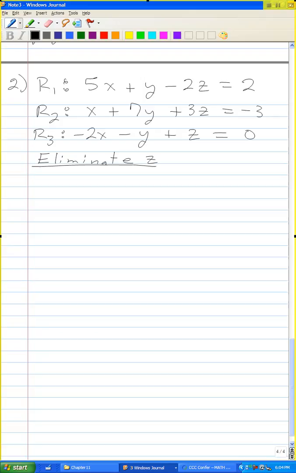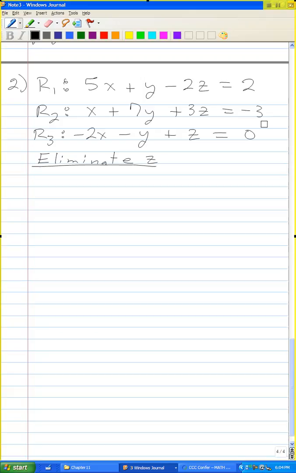Your rule of thumb is I have 3 equations, I must use all 3 equations to eliminate z. If I don't do that, then I will go around in circles and I will not get to my answer either quickly or I may never even get to my answer. So if you start to eliminate one of the variables, you must keep eliminating that until you've used all of the equations and that variable has been eliminated.